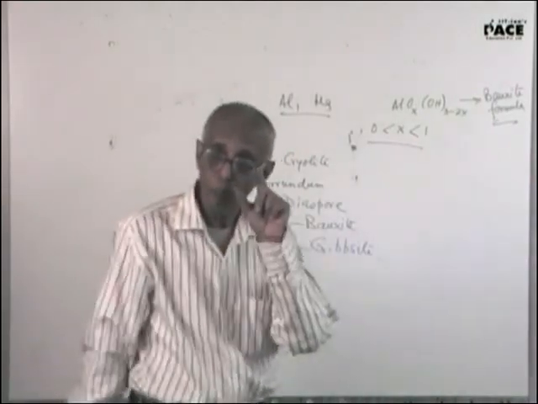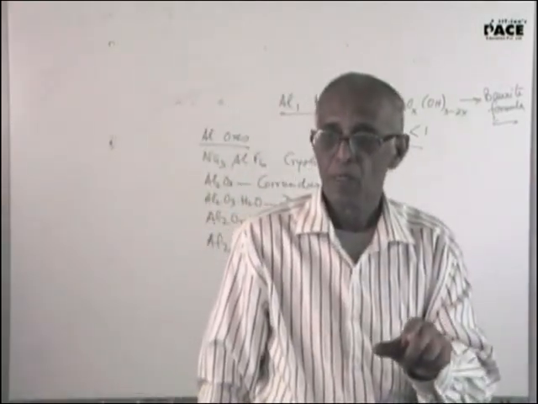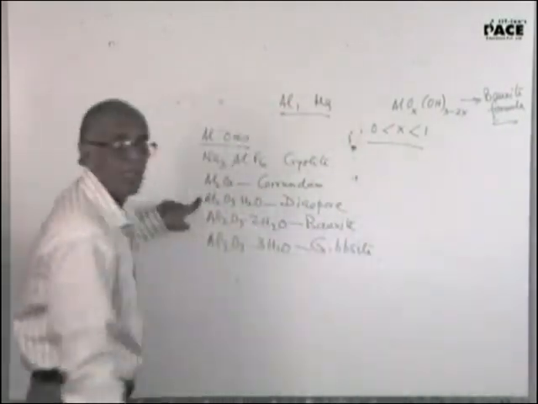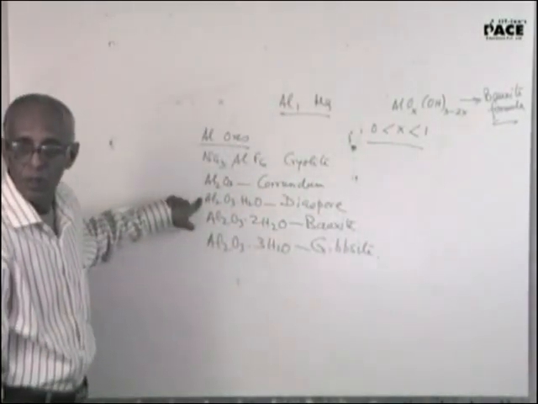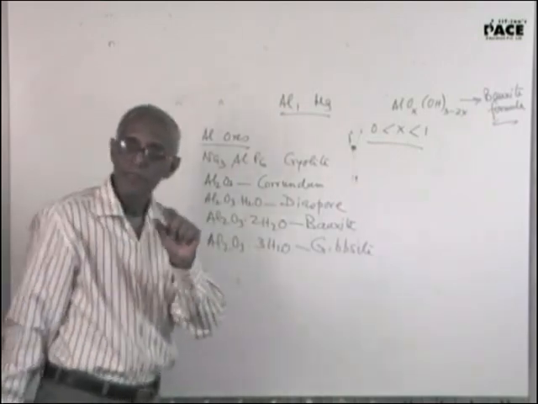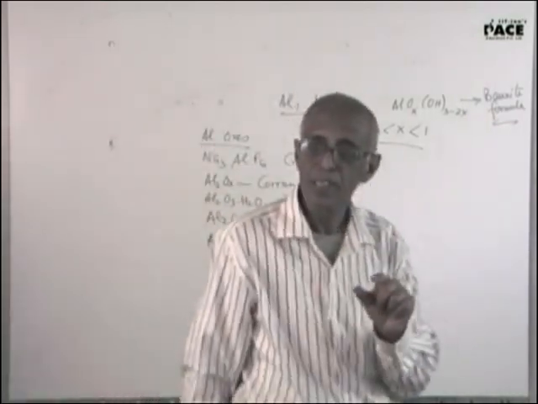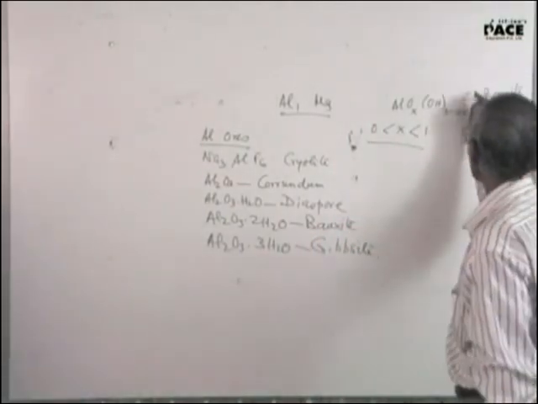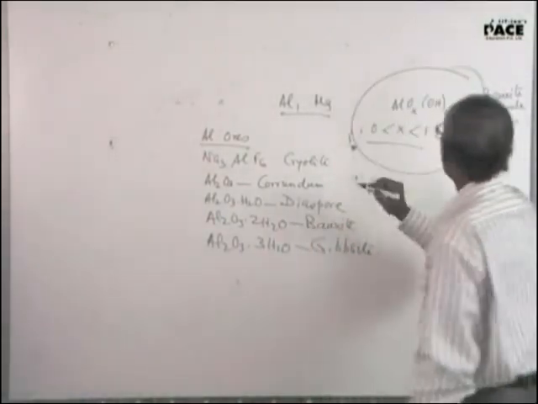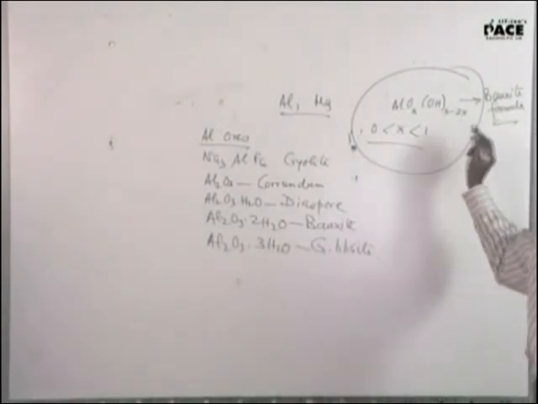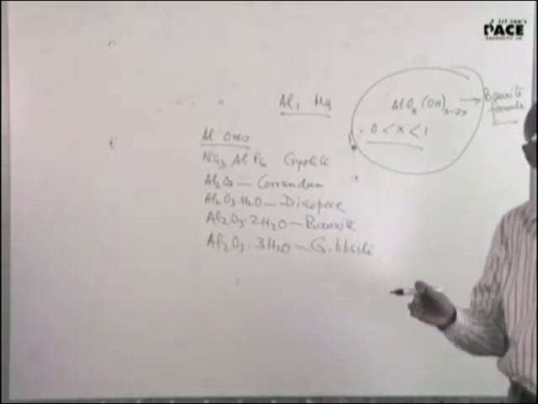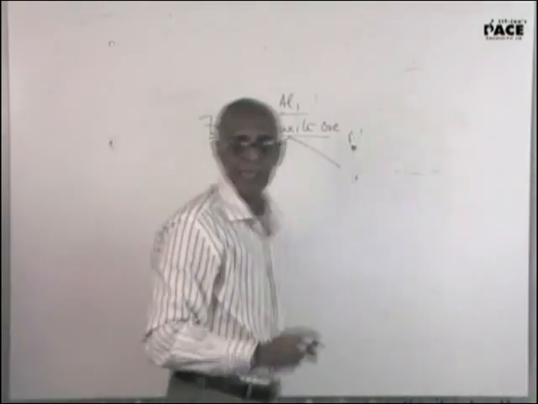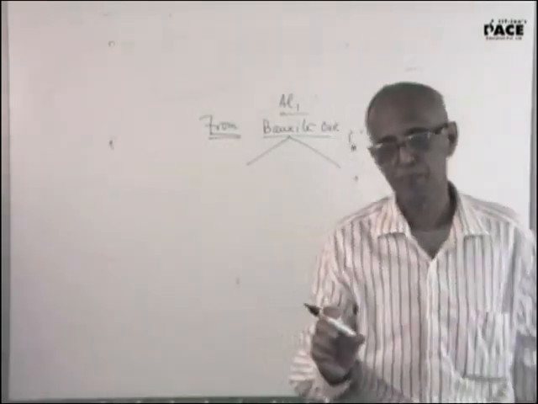But if you go to the tropic region, where the temperature is high, the bauxite will have 1 water. So the water content in bauxite varies from place to place, and that is why it is given in a general formula AlOx(OH)3-2x, where x is greater than 0 and less than 1. Bauxite ore has 2 major impurities.